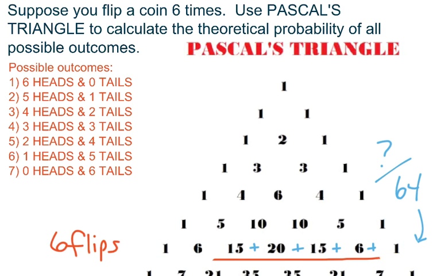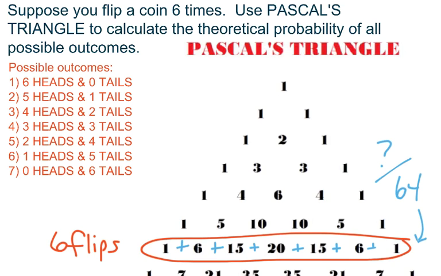And whenever you add up all those numbers across that row, you're going to get 64. 64 is your denominator. So now we can figure out the probability of each of these possible outcomes.